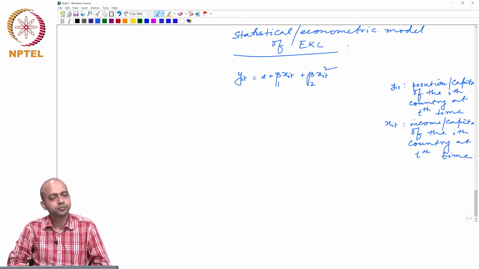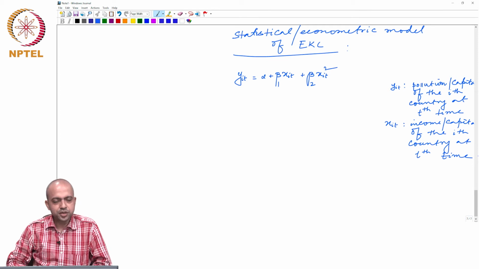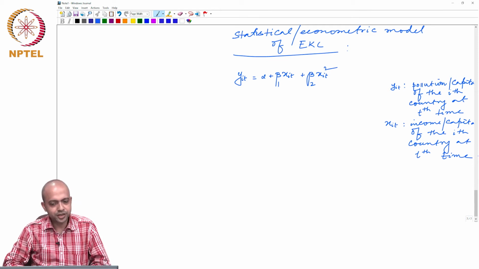Okay, tth time. Now, this relationship is called a mathematical relationship. Why is this a mathematical relationship? Because if you know the income of the country, you can exactly predict the emission of the country. But in reality, it is not possible, because emission of a country is determined not only by the income, but also several other factors.